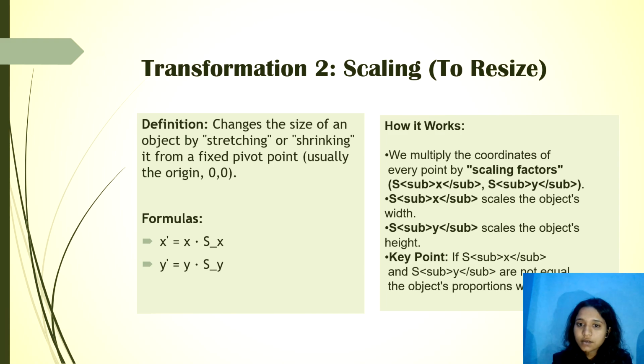And how does it work? We multiply the coordinates of every point by the scaling vector. sx scales the object's width and sy scales the object's height. And the key point is if sx and sy are not equal, then the object's proportion will be distorted.